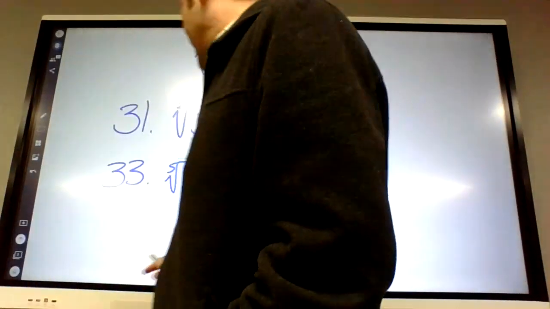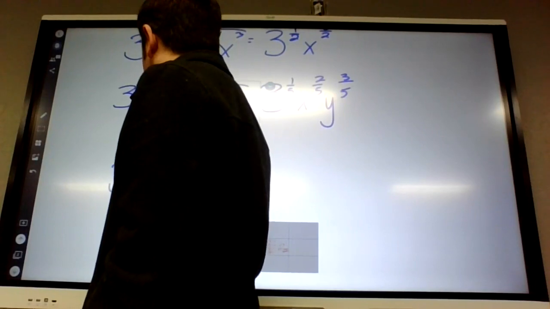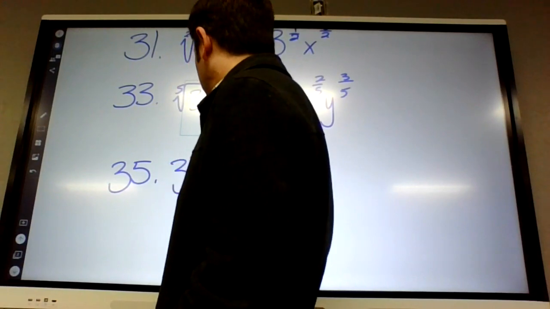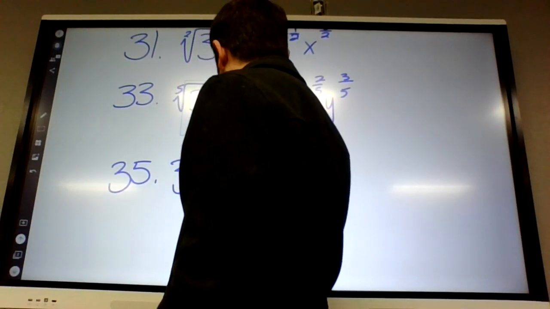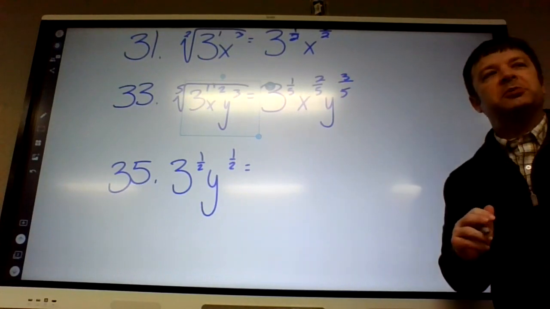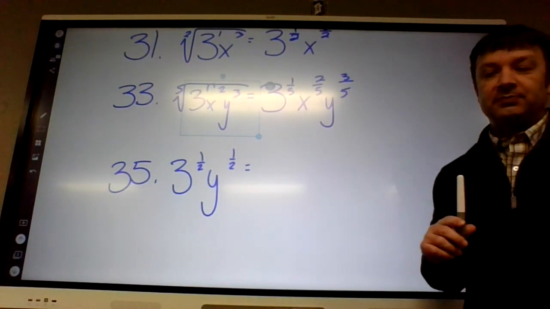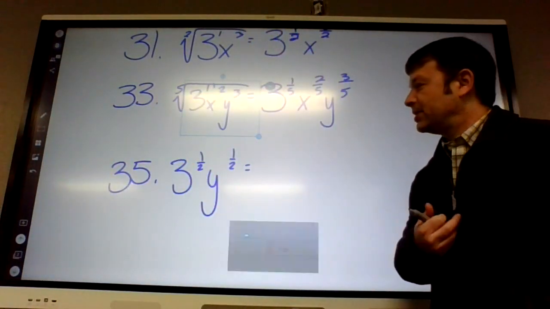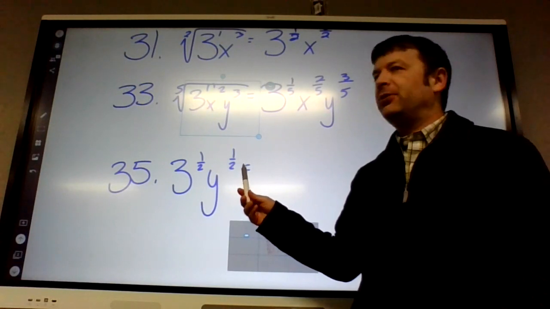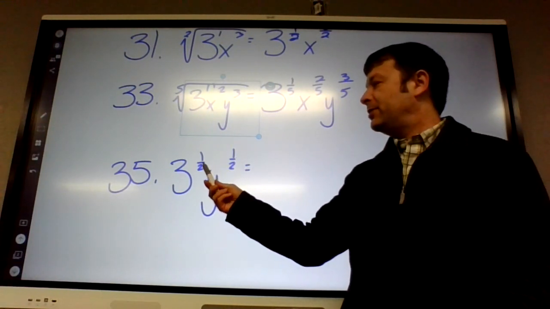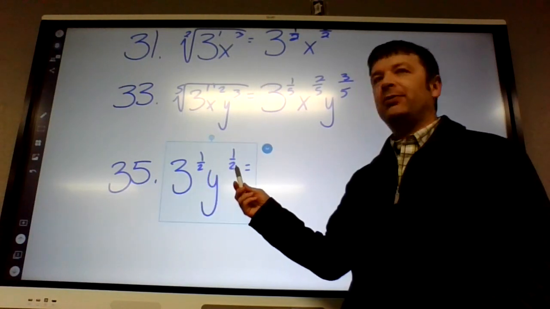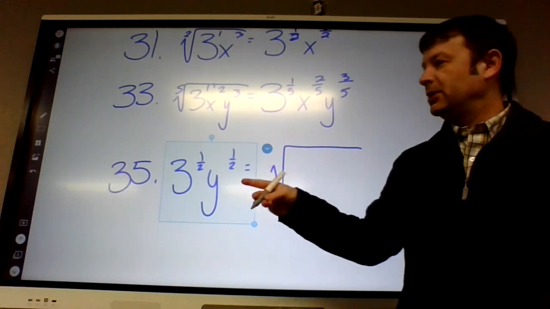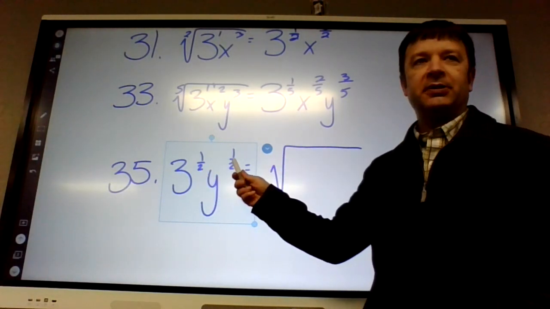35. So 35 is going the other way. We're starting in exponential form and they want us to change it to radical form. Do you want us to simplify it? Oh, you mean reduce the fraction? Yes, I did say that. Okay, so what kind of radical are we going to have on 35? A square root. Which, if it's a square root, that means we don't have to write the root in the corner, because these are both 2's, right?